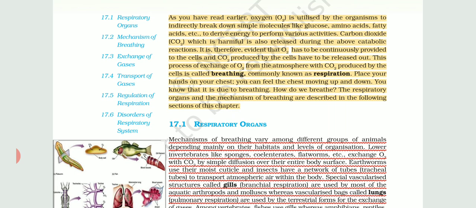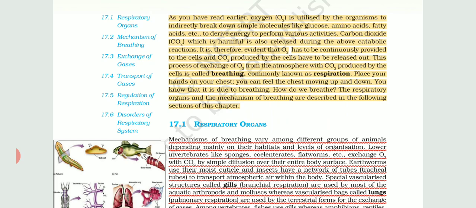So, when we talk about breaking down of food particles, breaking down means that the food we intake, either in the form of carbs, meaning carbohydrates, proteins, fats, vitamins, and minerals, is not easily absorbed by our body. It has to be broken down.